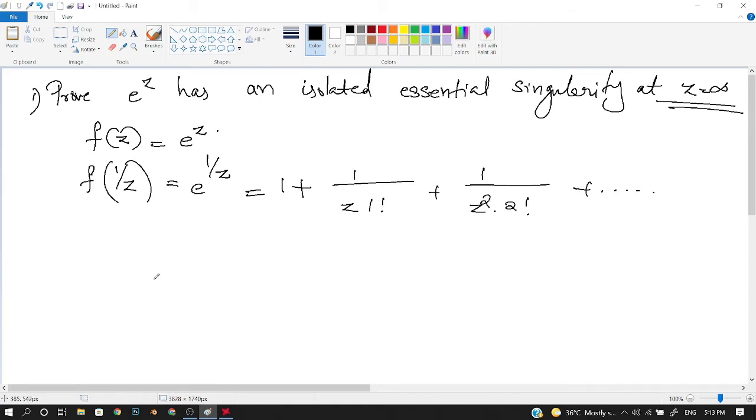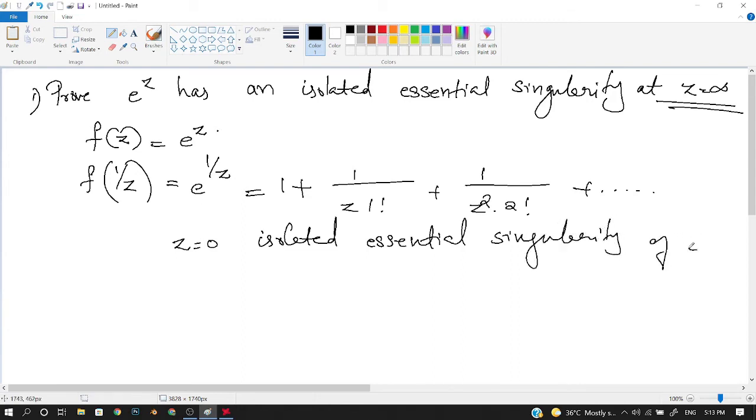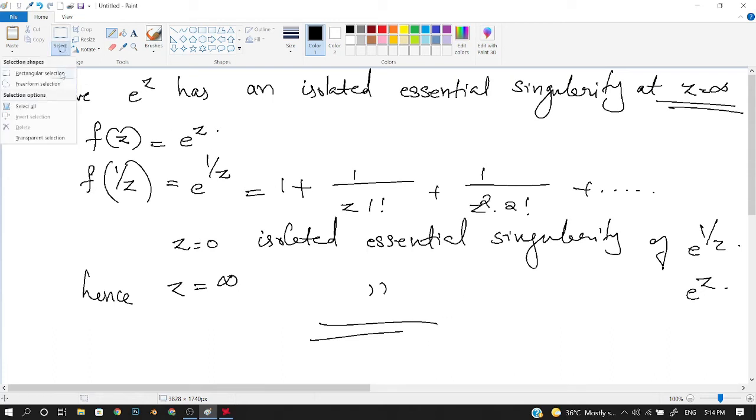Therefore z equal to 0 is an isolated essential singularity of e raised to 1 by z, and hence z equal to infinity is an isolated essential singularity of the function e raised to z. So this is one approach.